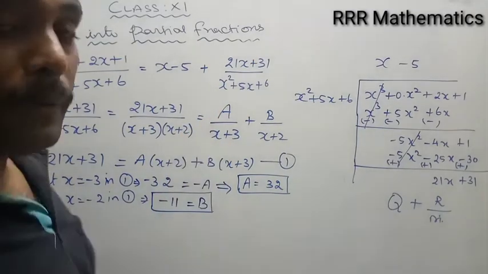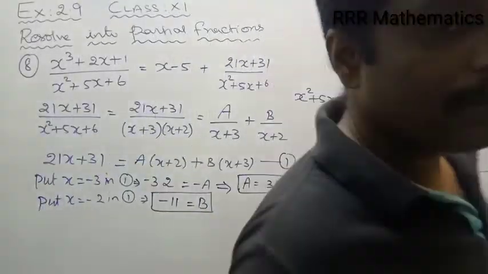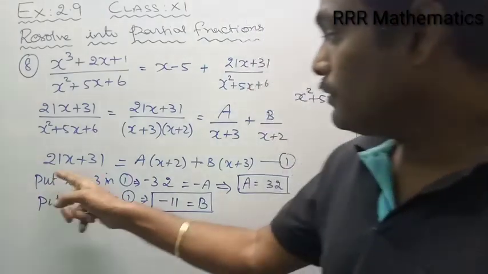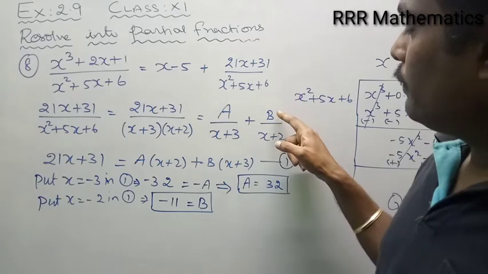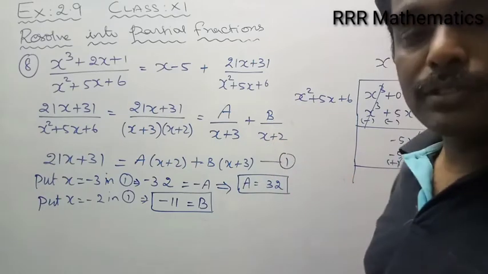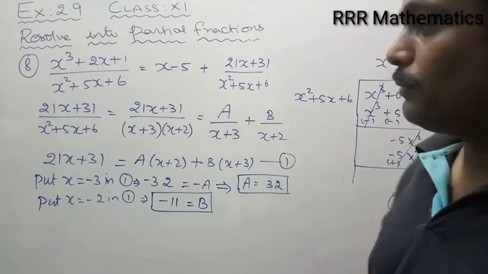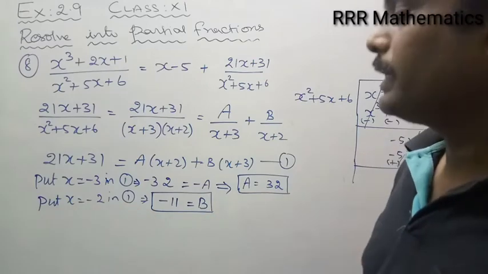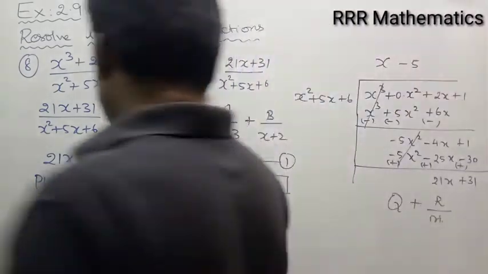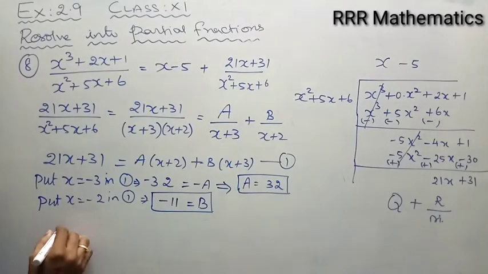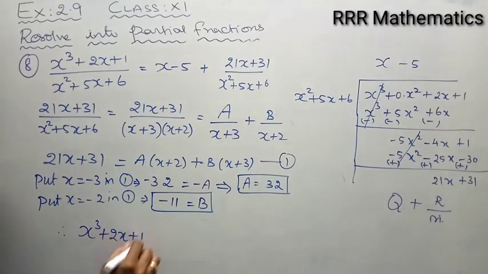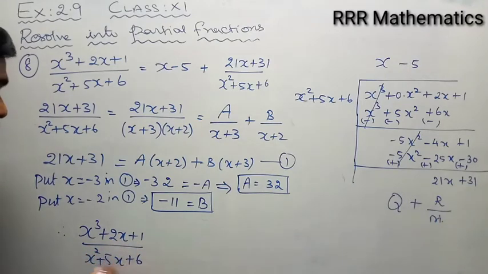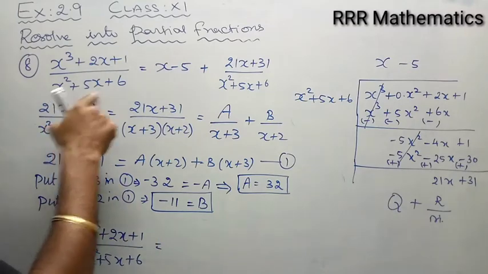When you equate the denominator of a, that is x plus 3 equal to 0, it gives x equal to minus 3. When you substitute in 1, I am getting the value of a as 32. I equate the denominator of b, which is x plus 2 equal to 0. I am getting x equal to minus 2. When you replace in 1, I get the value of b. So I can write the given fraction x cube plus 2x plus 1 divided by x square plus 5x plus 6, which is equal to what?